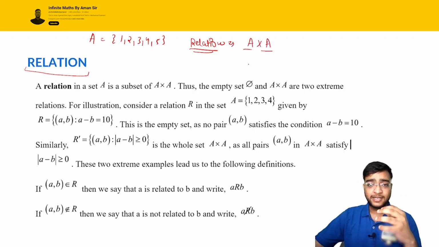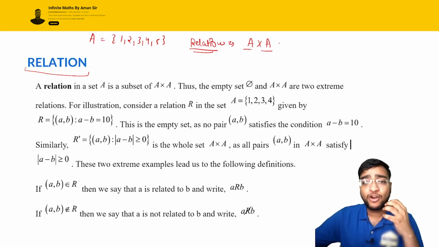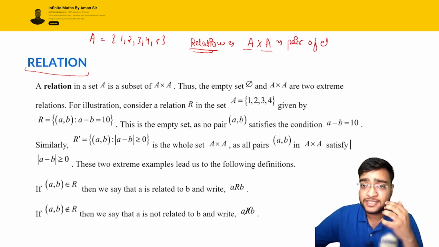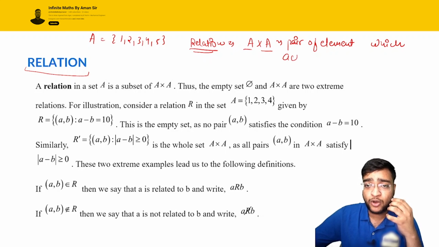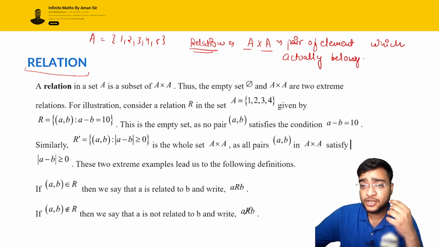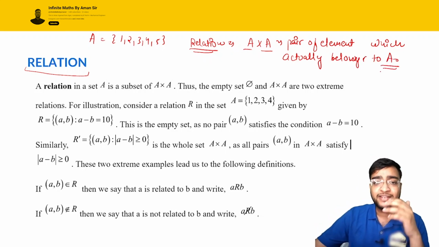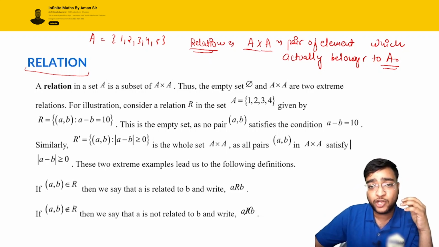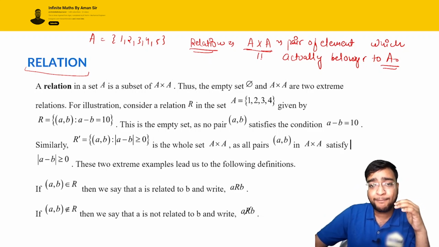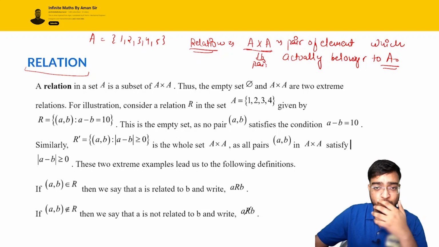A cross A is a set of pairs of elements, pairs of elements which belong to my set A here.